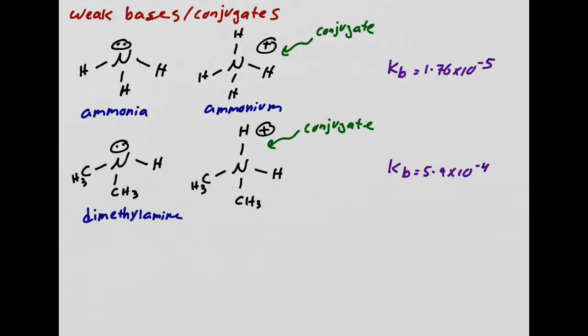So they are electron deficient now, and they have extra hydrogen. So now they are going to act like an acid. That's kind of cool, right? Okay, so what did we learn? This is what we learned.